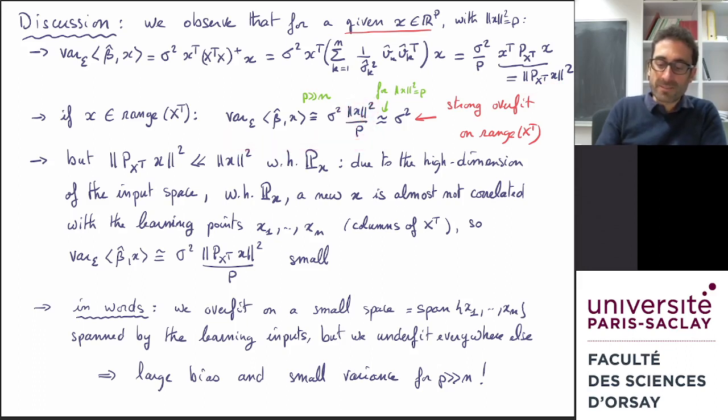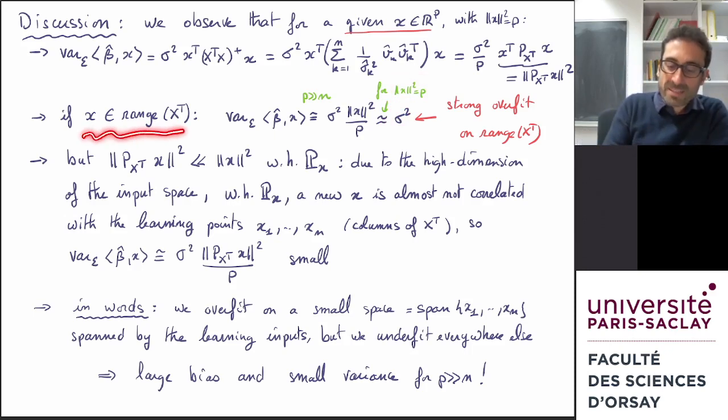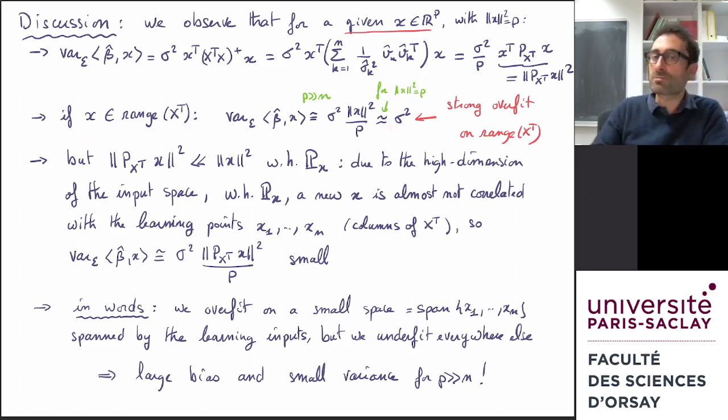And since the square norm of x is equal to p, here I have something of order sigma^2. So on the space spanned by the x_i, you have a strong overfit. You have a variance which is like sigma^2, so it does not go to 0 with n or with p or with anything.